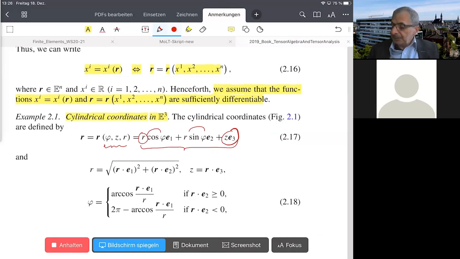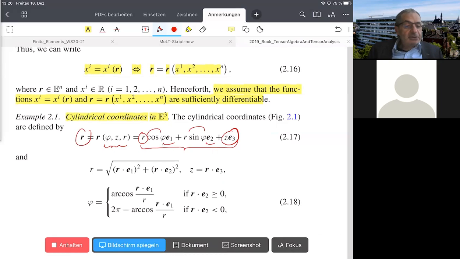The components here are r cosine phi and r sine phi. These are components with respect to the basis of the vectors E1 and E2, and the summation gives us this whole vector R.